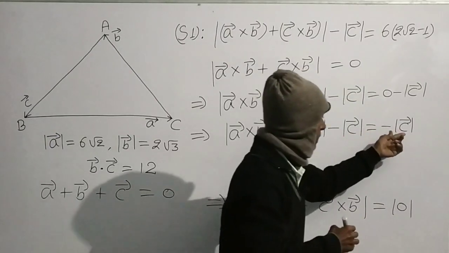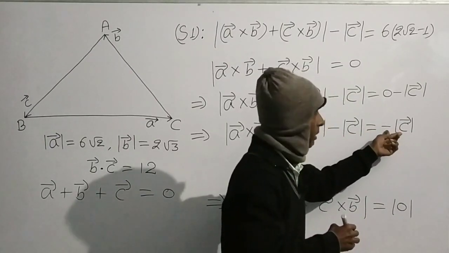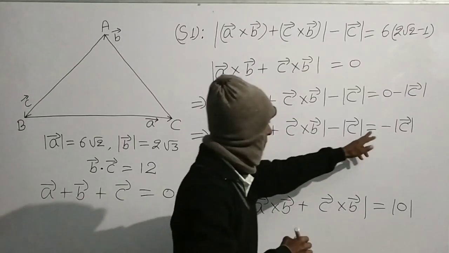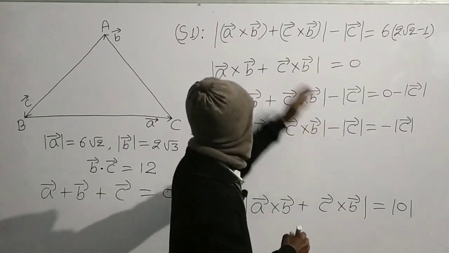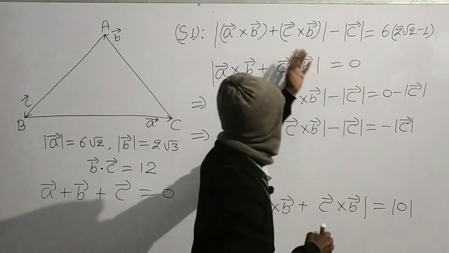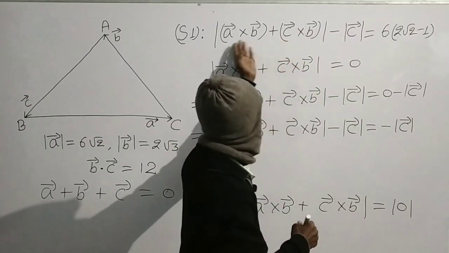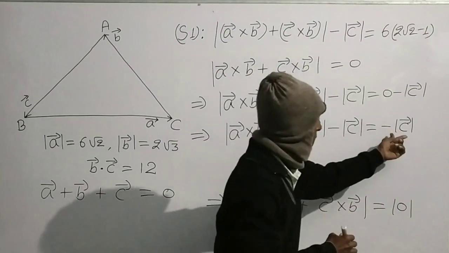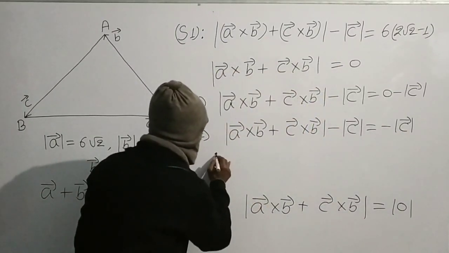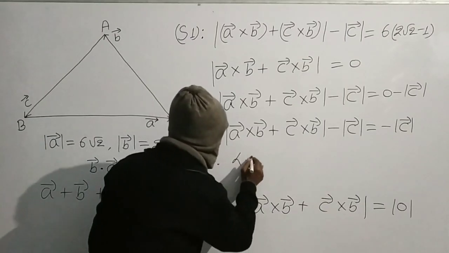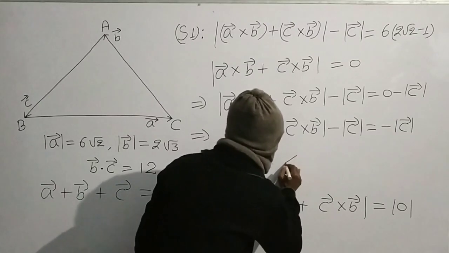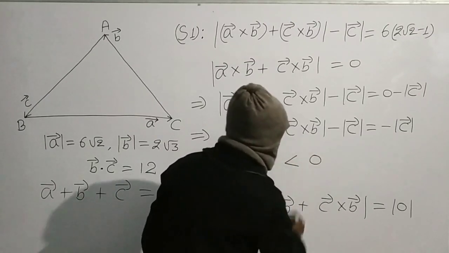That means this is a negative number, and on the left side of the equal sign, this is LHS of this statement. That means LHS of this statement is a negative number.